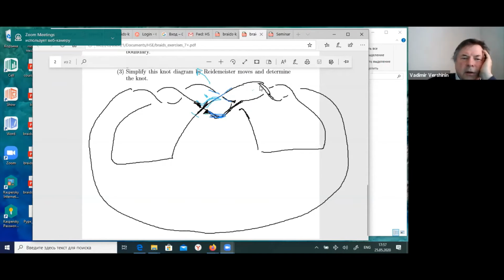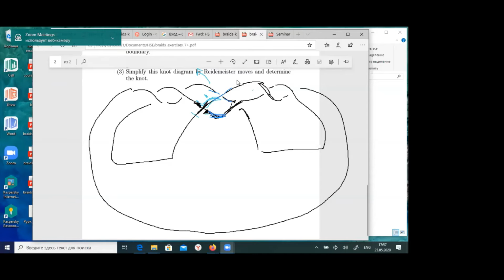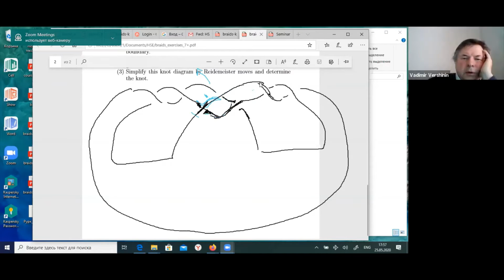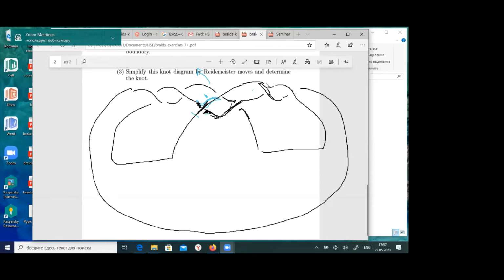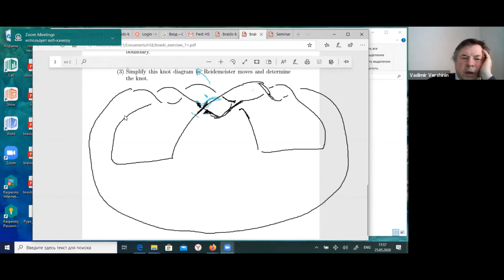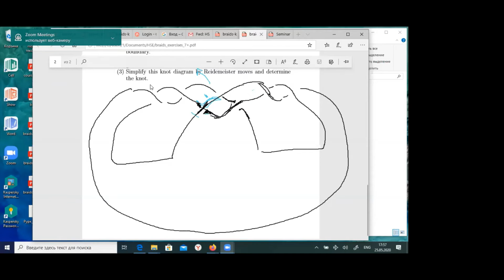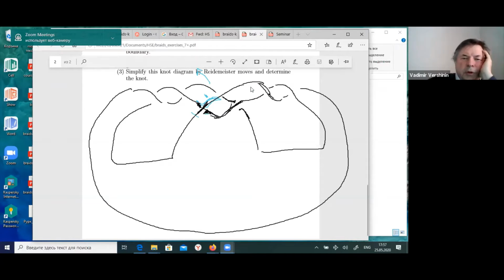Okay, let's try to move this line over here, Natalia. Look. This big loop, make it over here. This loop. You see what I'm pointing at? Yeah, exactly. Let it be like this.